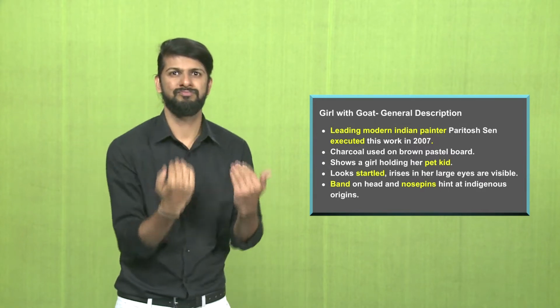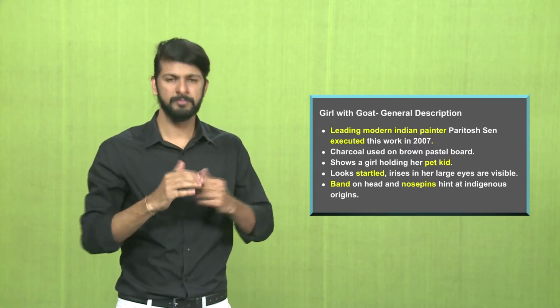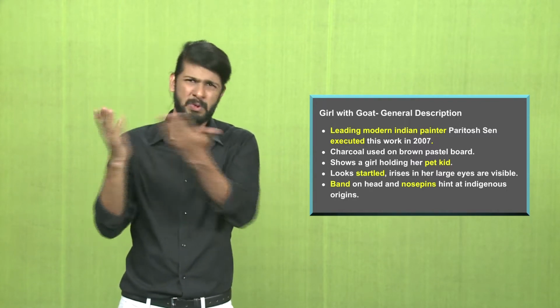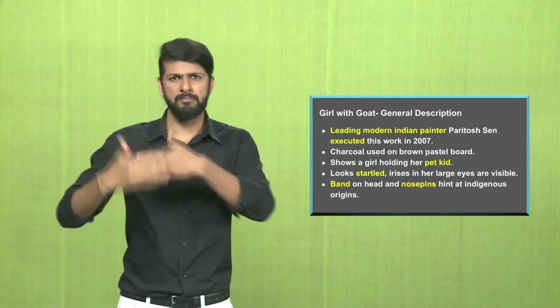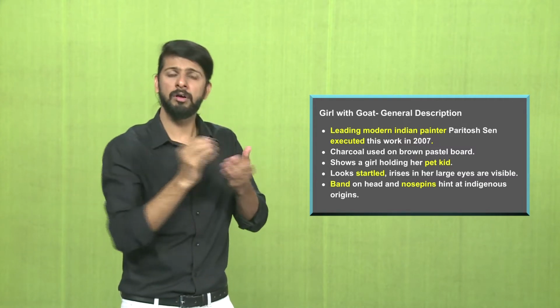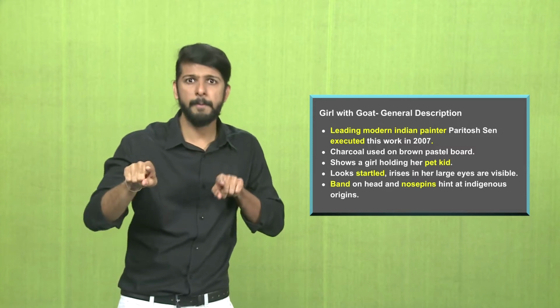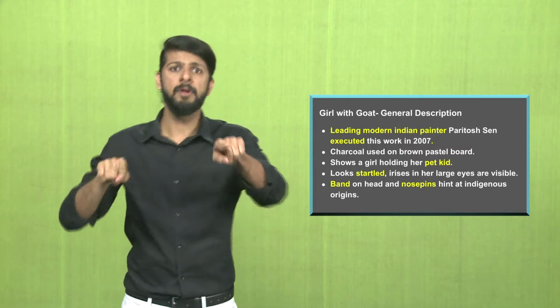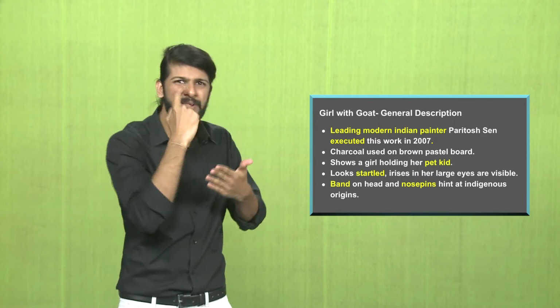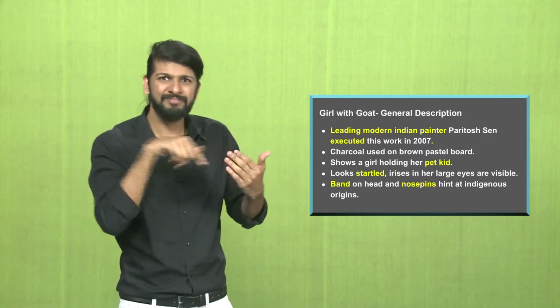Girl with Goat, general description. Paritosh Sen is known as one of the leading modern Indian painters, and he executed this artwork in 2007.